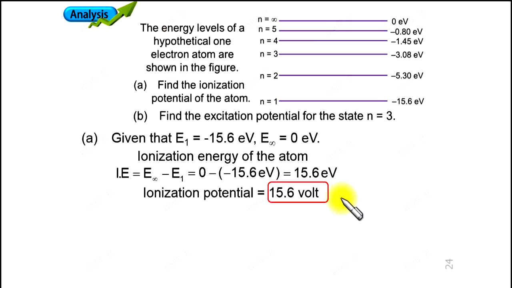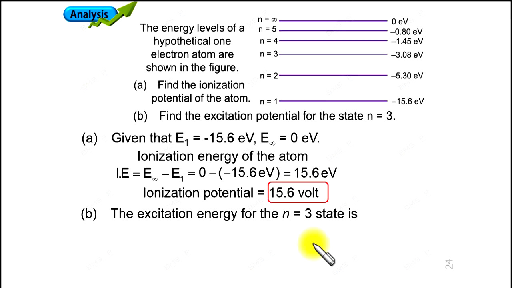So let us first calculate the excitation energy, that is E3 minus E1, okay? We have calculated E3 equal to minus 3.08, and here this value is 15.6. So this is minus 3.08 and minus minus 15.6, and minus will be plus.